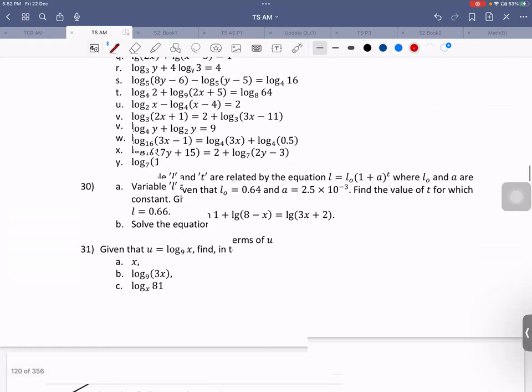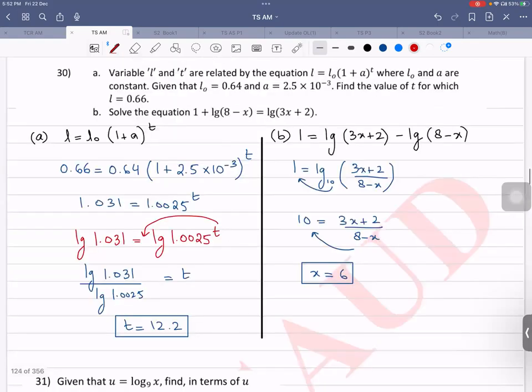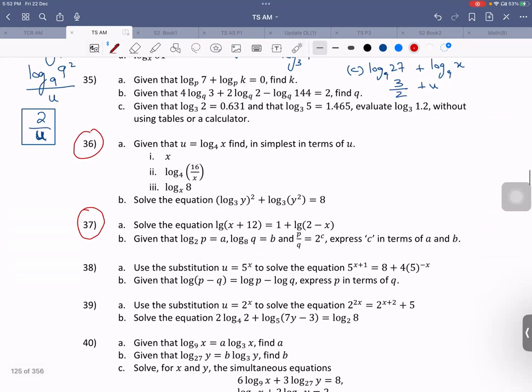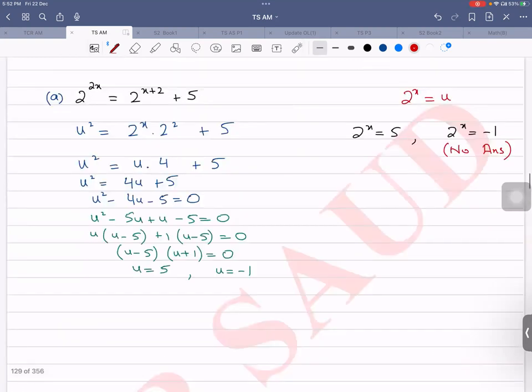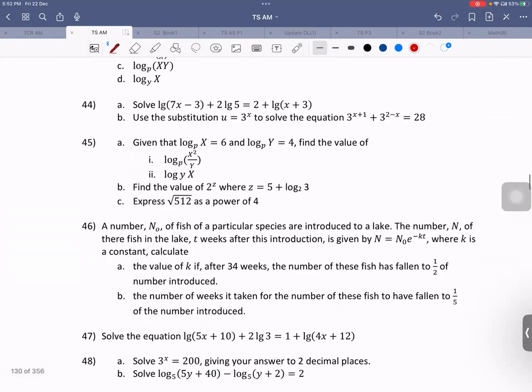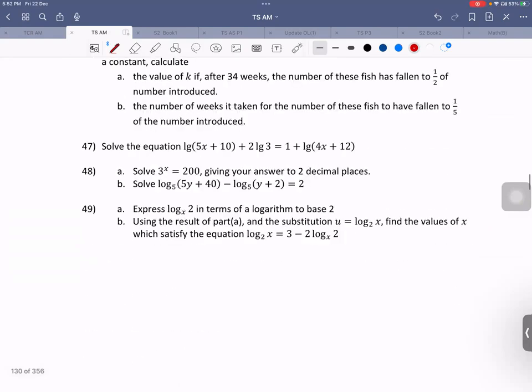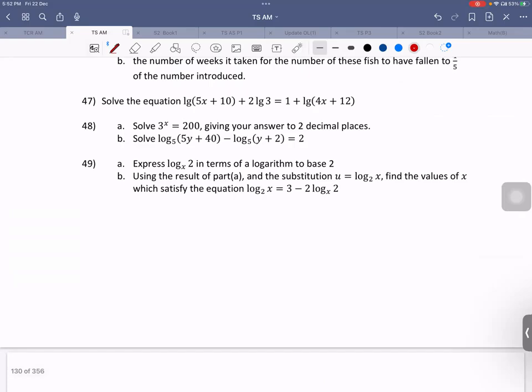Let me see if there are more questions. No, that's it. Now mark the deadline, please. You will send me this work before Saturday, 9 p.m.